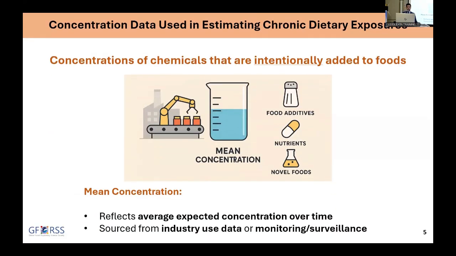Now, our concentration data. Starting from now, let's start to differentiate and separate between two categories of chemicals in food. So we have the chemicals, as we said, which are intentionally added to our food in order to get any technological impact, like additives, like nutrients added in the situations of food fortification, for example.